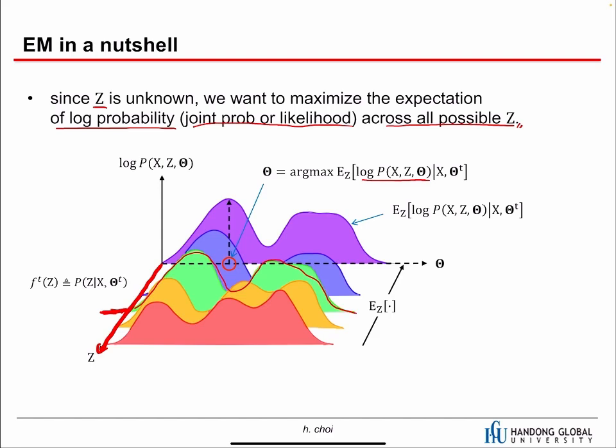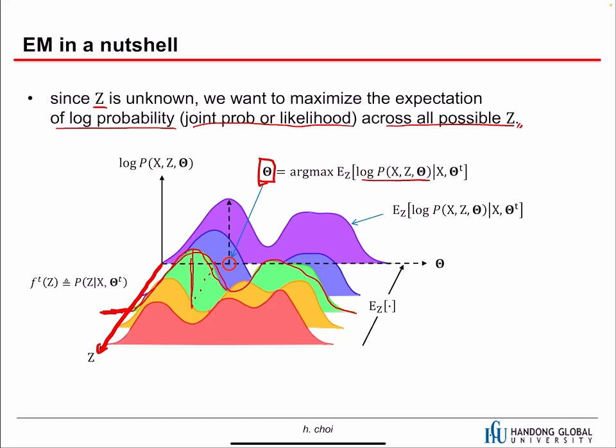Then to maximize this green one, the theta would be around here. And that might be slightly different from the M step's parameter in the EM algorithm. If we use the best z, then we pick one distribution and we maximize the distribution with this parameter.